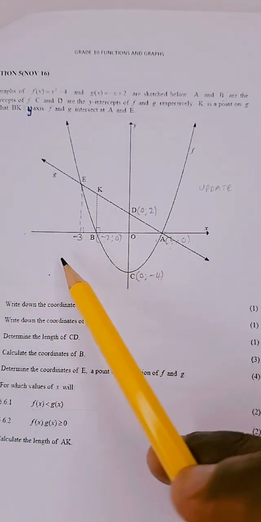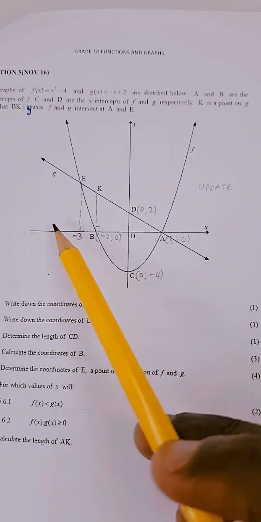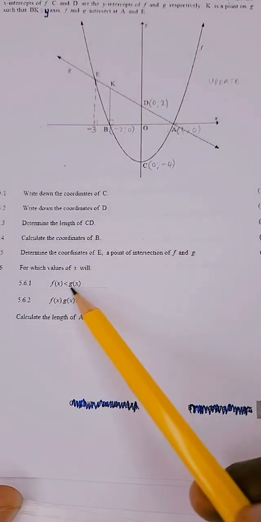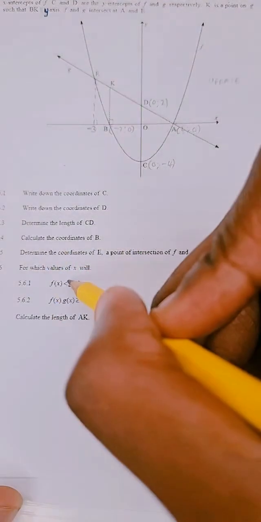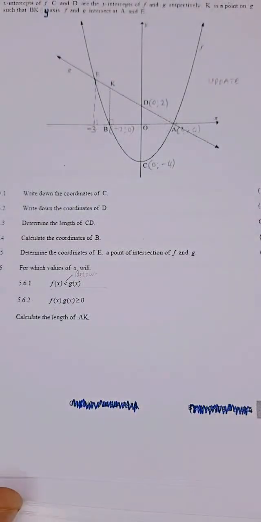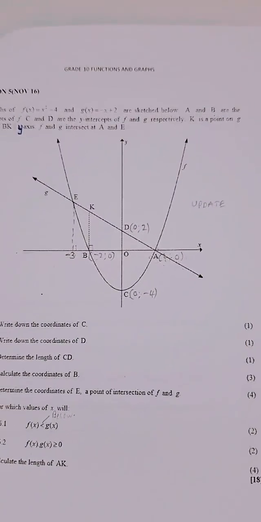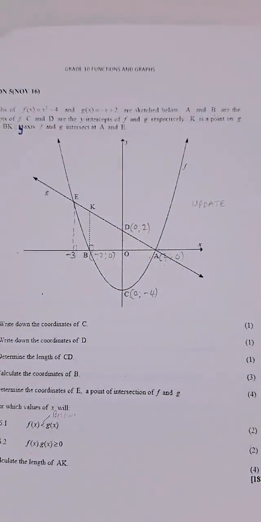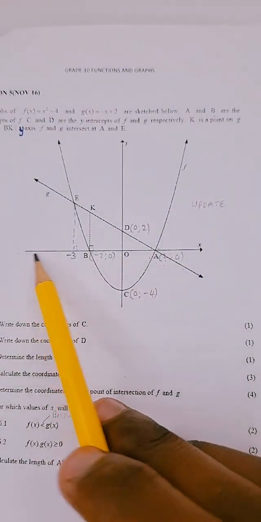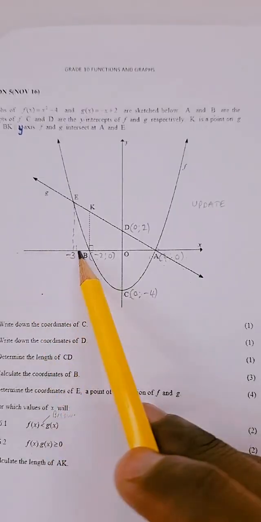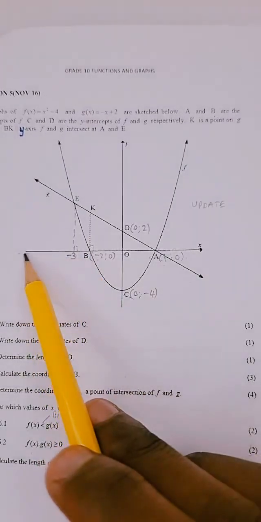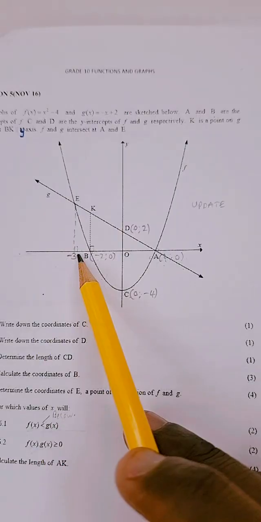Raise your hands in the comment section to indicate that you understand. This is saying F less than G of x. In other words, we want to know where F is below G. At this moment G is below and F is above, so there is no answer between negative infinity and negative 3. That's why, when you check your answer, you check from left to right. So in this interval, there's nothing.